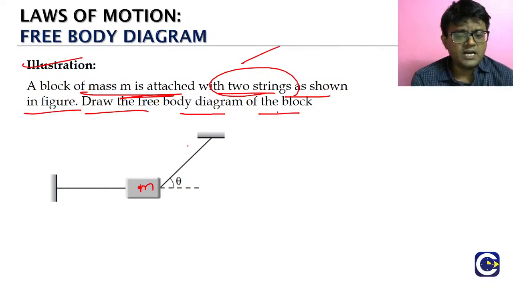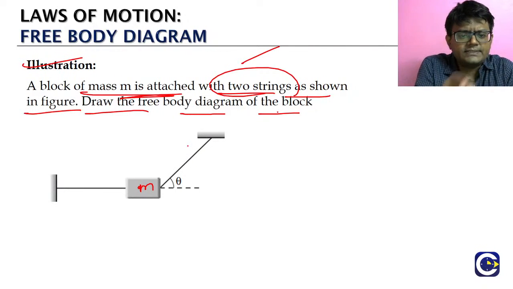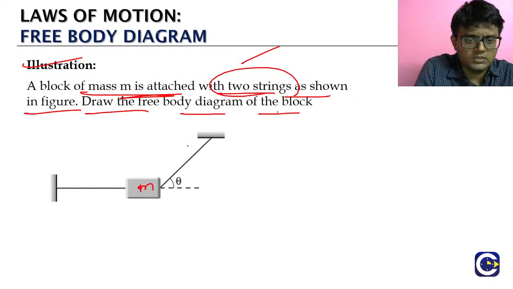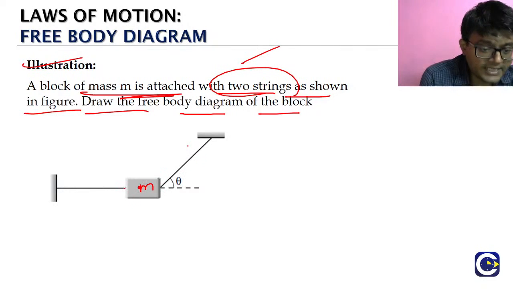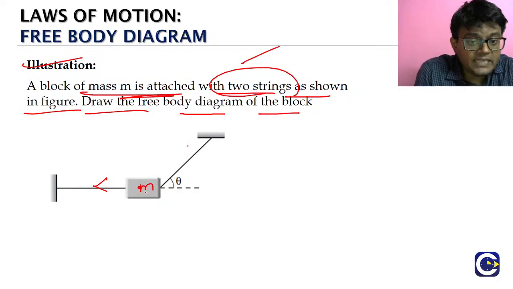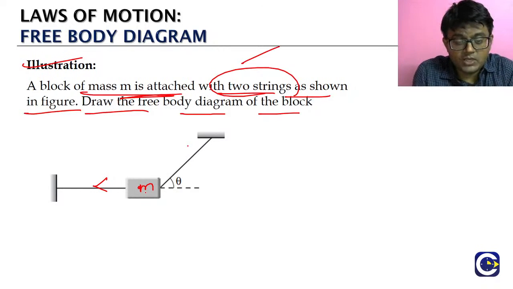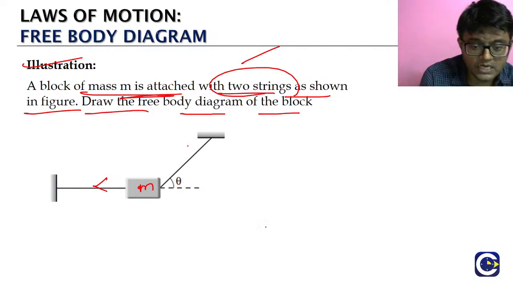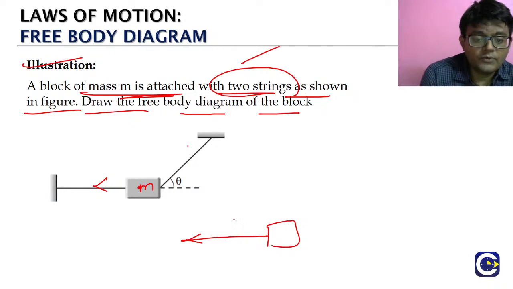So first, we will look at what contacts there are for the block. Here we are looking at the block, right? What contacts does it have? On this side there is a rope, which means there will be a tension, and remember, tension force will always act into the rope. Because the rope will always try to pull the object.